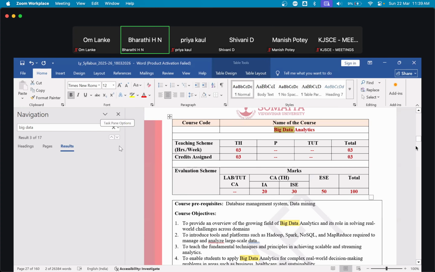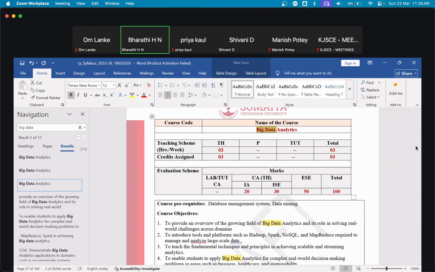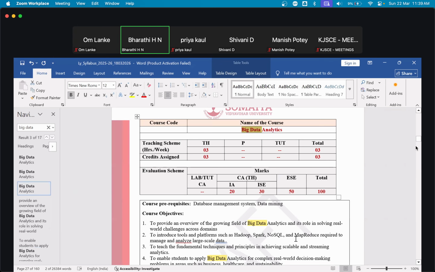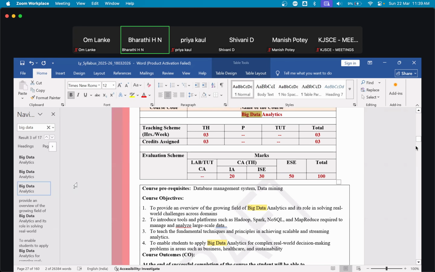Good morning, students. So today I'll be orienting you about the big data analytics course. This is for the students who have not opted for the honors in data science. All of you have studied RDBMS.